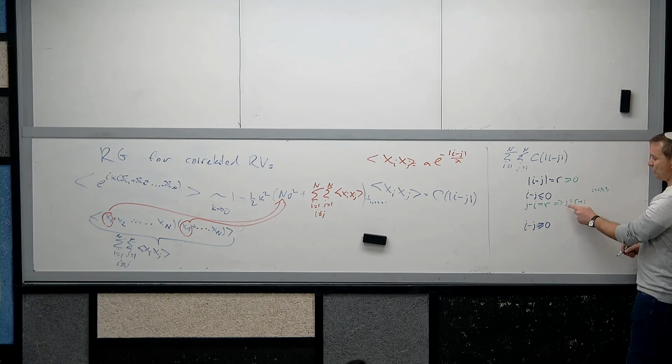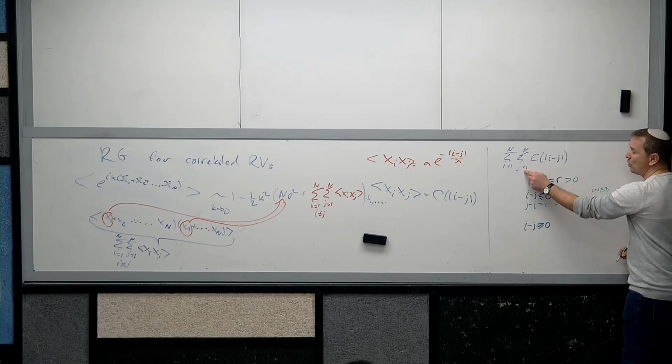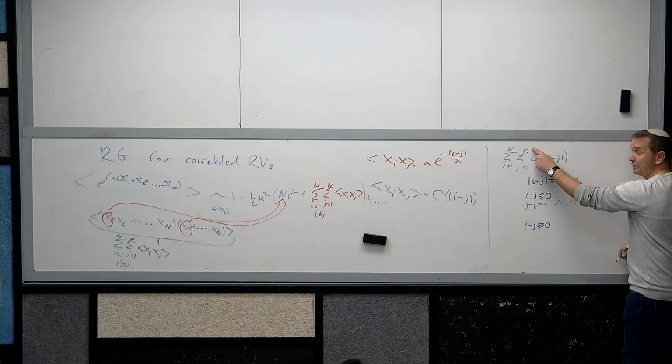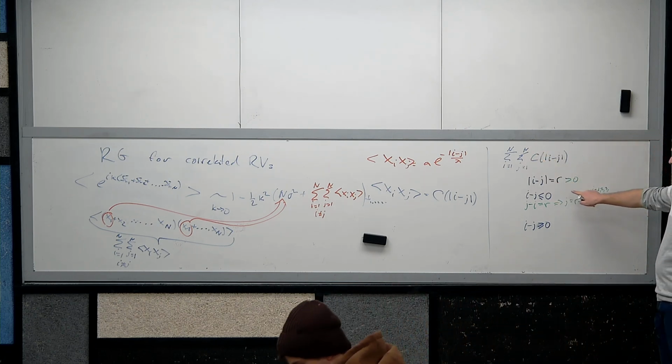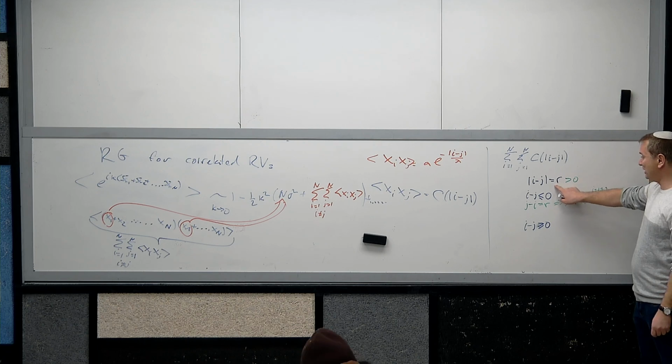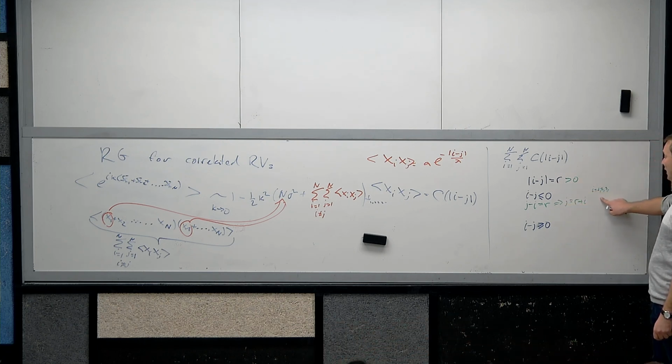But remember, j is limited. j can go from 1 to n. So how many terms for the specific r that I have, how many different i's can I get?